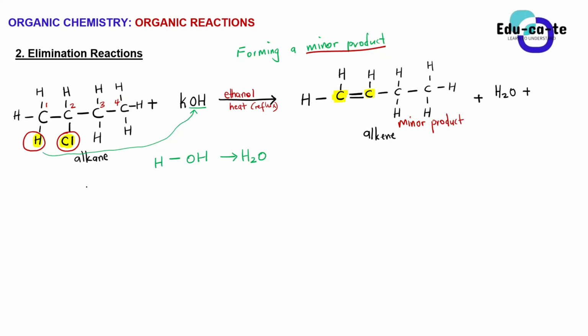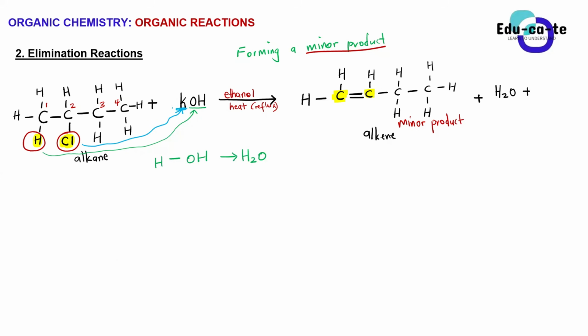And then this Cl, where is it going to go, guys? Where do you think the Cl is going to go? It's going to form up with the potassium to form potassium chloride. Yes, this Cl will go to the potassium. Remember, guys, the halogen goes to this first part, then the hydrogen will go to the OH.